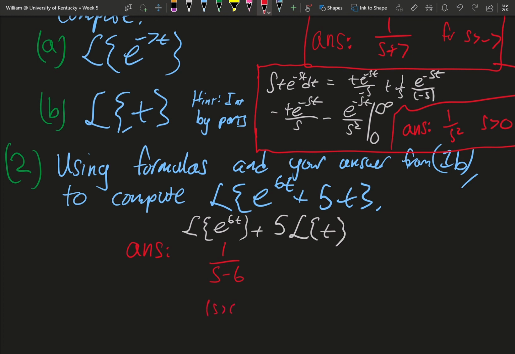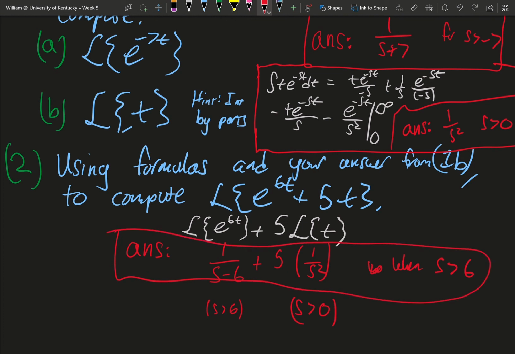We need s to be greater than 6 there. And this should be 5 times 1 over s squared. And we need that to have s greater than or equal to 0. So what we get is, when s is greater than 6, it's automatically greater than 0. So our answer would be this for s greater than 6. All right, that's going to end this one.